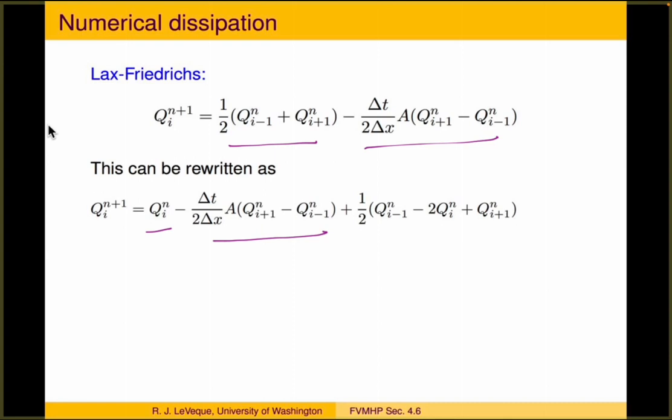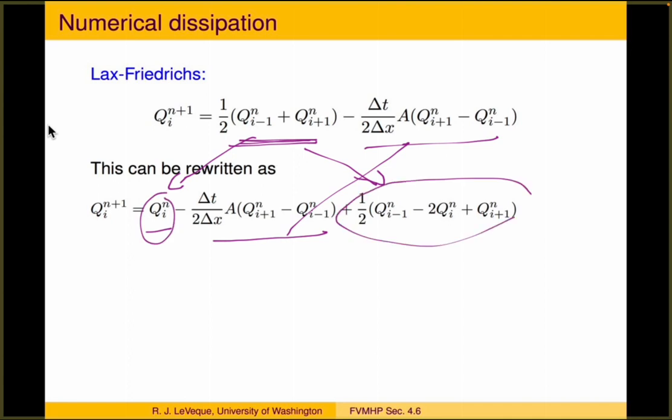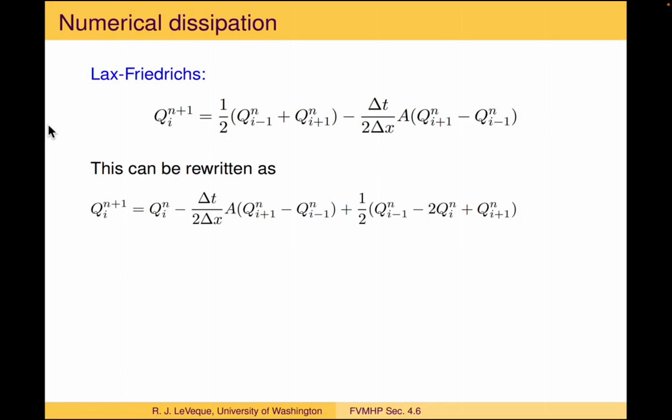I guess it's actually this first term that we're splitting up into qin, and then what's left over we can look at as 1/2 qi minus 1 minus 2 qi plus 1. So the qin and this term combine to give you the averaging of q in the Lax-Friedrichs method.